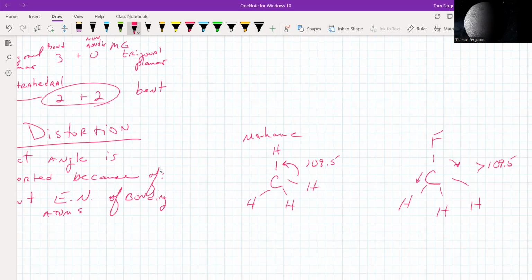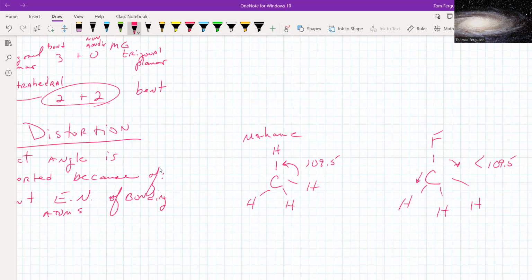So the distortion of the angle is going to be more. Excuse me, it's less than 109. Because what's going to happen is, as this gets closer, it's going to push these bonds closer together. Because these electrons are going to want to get away from these bonding electrons.